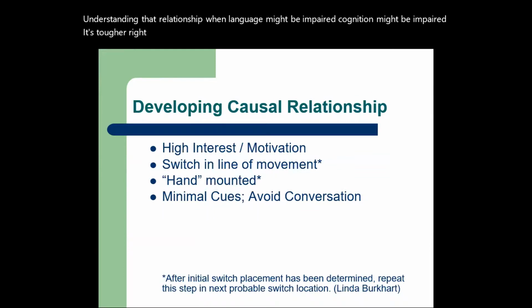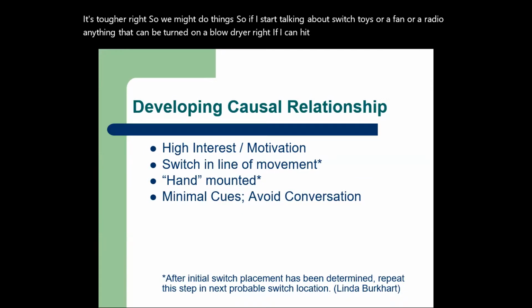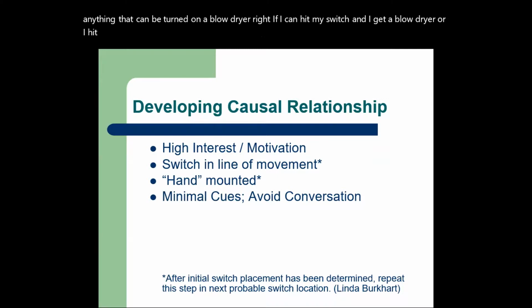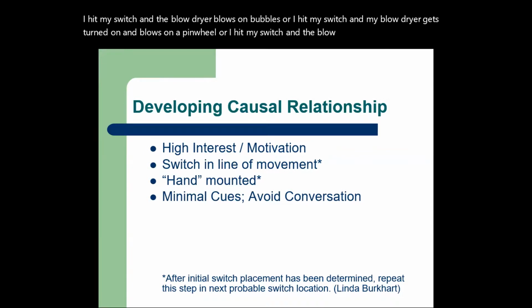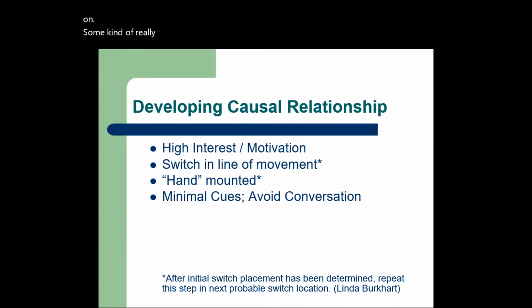So we might do things like switch toys or a fan or a radio, anything that can be turned on, a blow dryer, right? I hit my switch and the blow dryer blows on bubbles, or blows on a pinwheel, or blows on some kind of really light car or fluffy pom-pom art activity, and it rolls across the table.